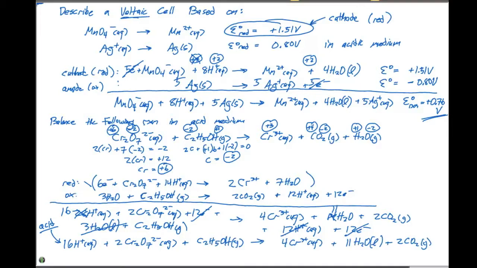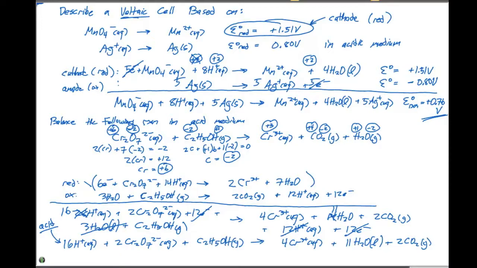We can also be asked to balance this same chemical reaction in basic solution. The only main thing that changes when we go from an acidic solution to a basic solution is the fact that in a basic solution we will never have H+ ions floating around in there. We'll have OH- ions.